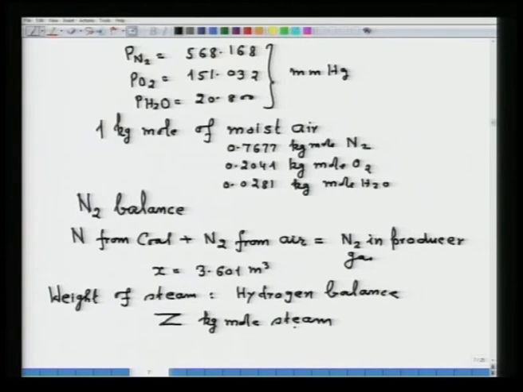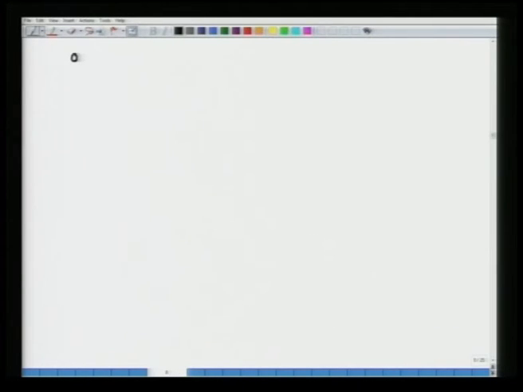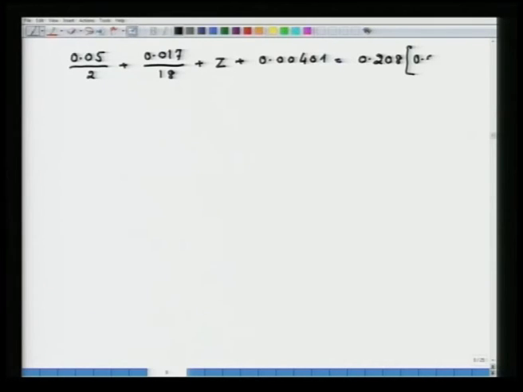So, if I do that hydrogen balance, it is 0.05 upon 2 plus 0.017 upon 18 plus Z plus 0.00401 equals 0.208 into 0.025 into 2 plus 0.14 plus 0.025.